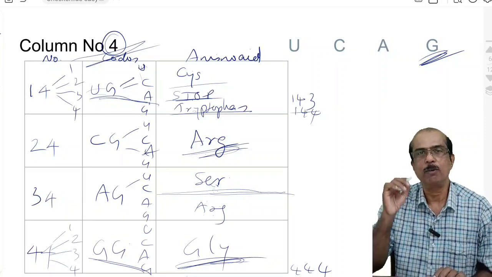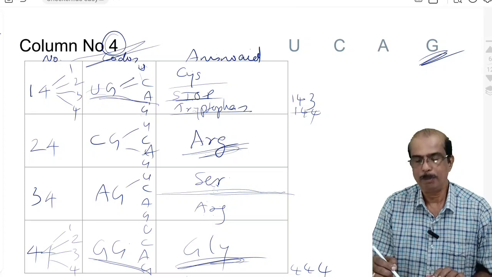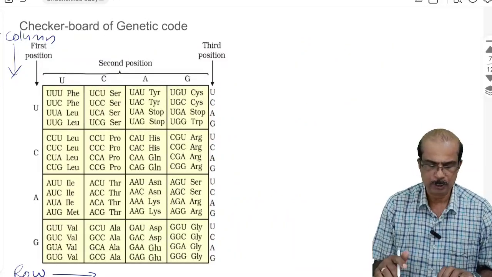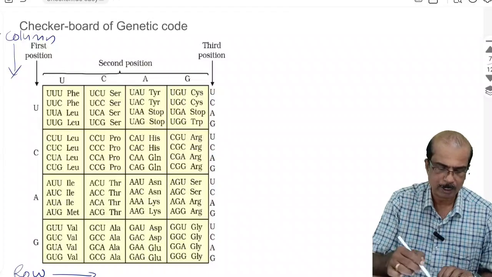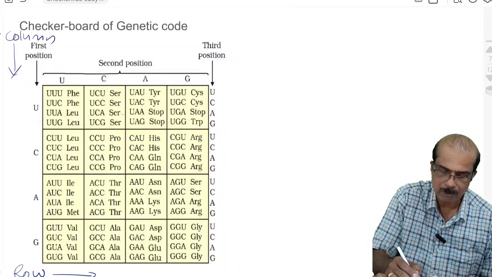You have to visualize the columns one by one and the serial numbers one by one. Then this is the overall checkerboard of the genetic code. There are some peculiarities. We already said there are 16 boxes. In each box there are 4 codons.